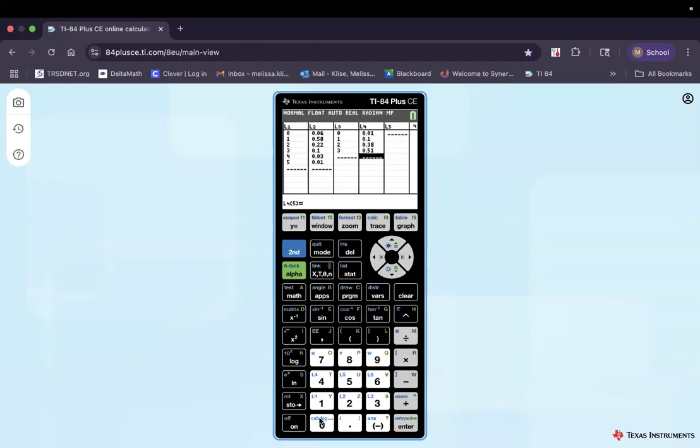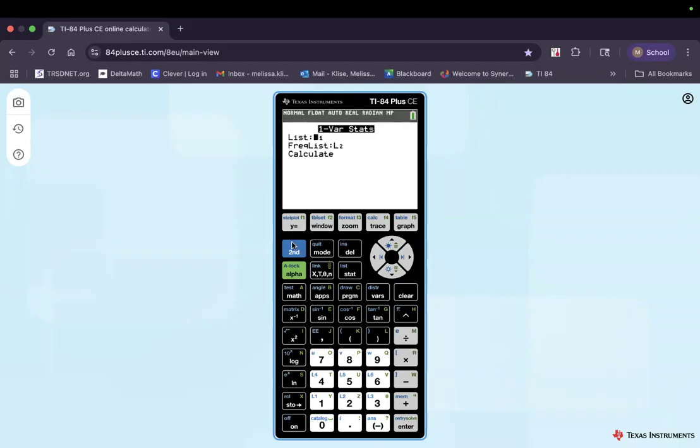And then take a look at them, make sure that you have them correct. When we do 1-Var Stats, we're going to use list 3 and list 4 because that's where I have these. So do stat, arrow over to calc, 1-Var Stats.